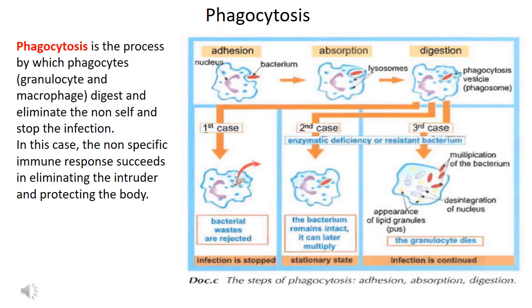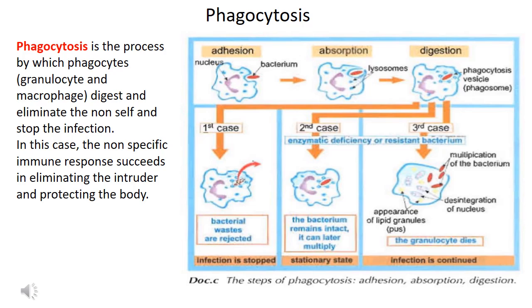Okay, to finish this document, let's see how the macrophage or the granulocyte undergo phagocytosis to stop the infection. So what is phagocytosis? Phagocytosis is the process by which phagocytes, like granulocytes and macrophage, digest and eliminate the non-self and thus stop the infection.